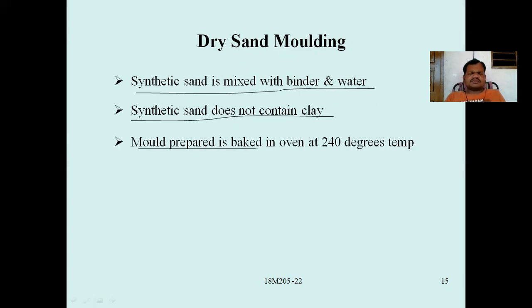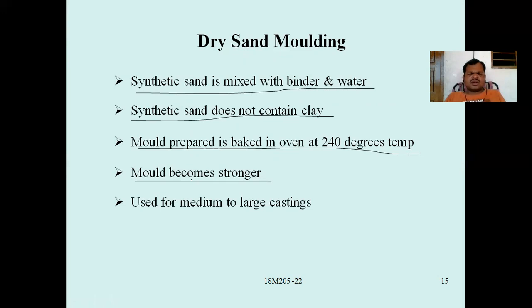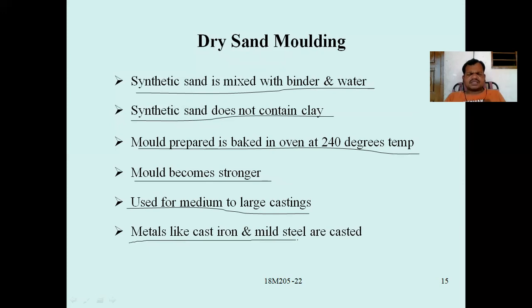The mold prepared is baked in an oven at 240 degrees temperature, and the mold becomes stronger. It is used for medium to large casting, and metals like cast iron and mild steel are cast.